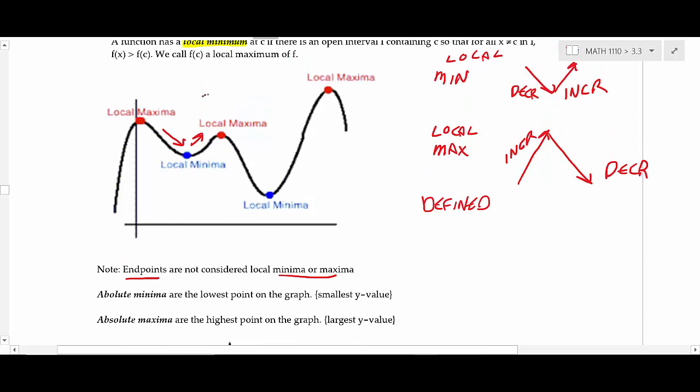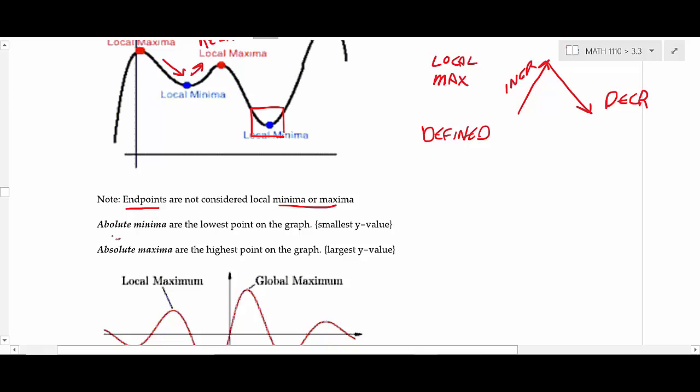So the other thing is textbooks kind of use this interchangeably, and I do sometimes too. Sometimes you'll hear it called a local minimum. Sometimes you'll hear it called a relative minimum or maximum. They mean the same thing. What it just means is in some small area in the graph, you're coming to a high point or a low point. Just think of it that way, okay? Then what we have is absolute minima and absolute maximum.